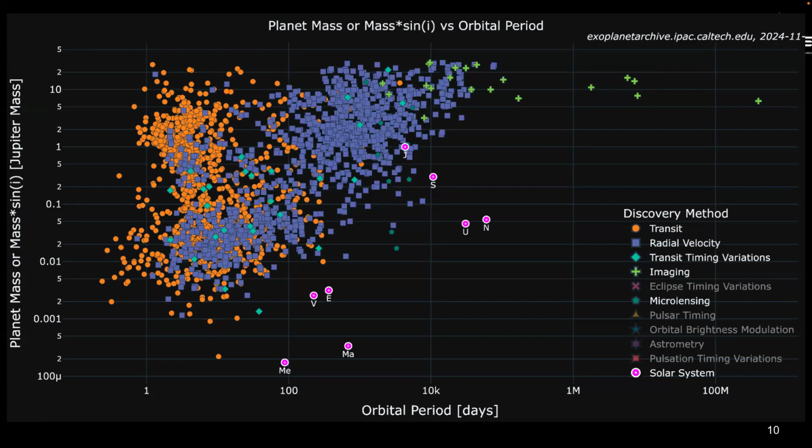So now we know there are about 5,000 known planets. This plot was made 2 days ago, so last week. There are more than 5,000 planets now. Most of them, you can see, were discovered by radial velocity and transits, which have been very successful. But we can see it's very biased to this region.